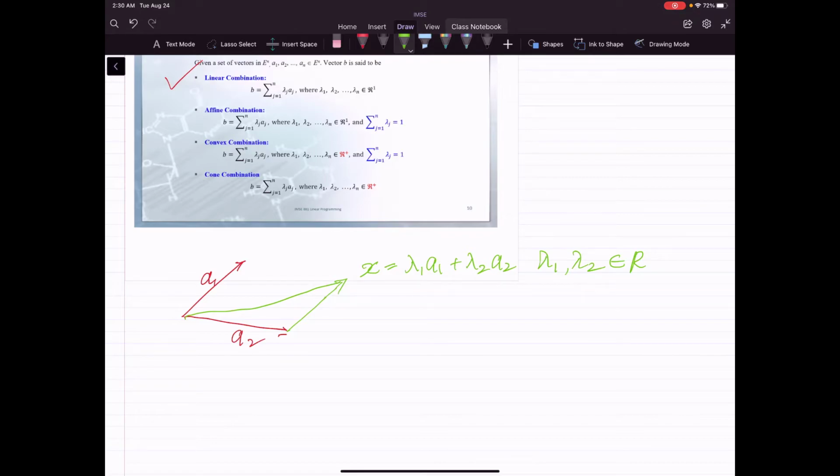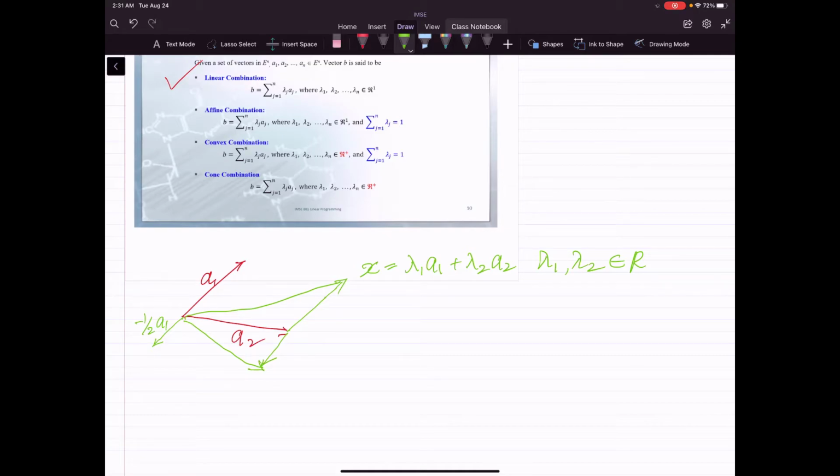I can also use negative 1/2 of A1, for example. So there's a negative 1/2 of A1, and then if I move it over here, this is another x.